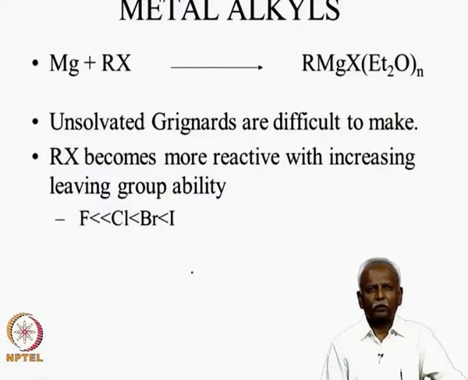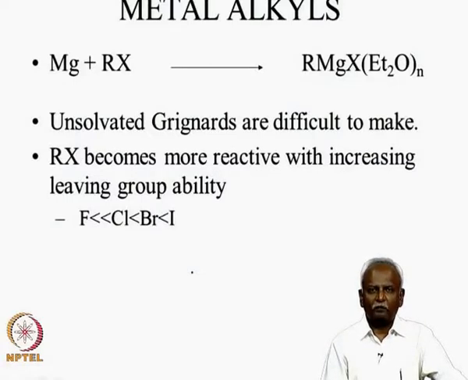But there is also a trend in the RX group. When you make RX, the RX tends to be more reactive and the Grignard is more readily formed. So, here we are not talking about the reactivity of the RMgX, we are talking about the facility with which RMgX is formed.